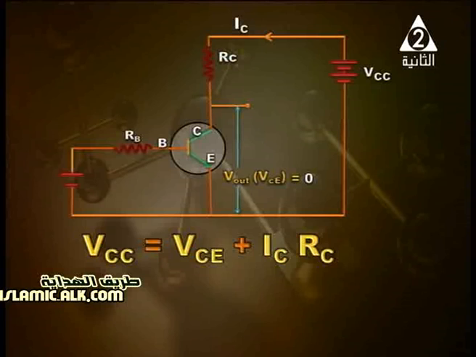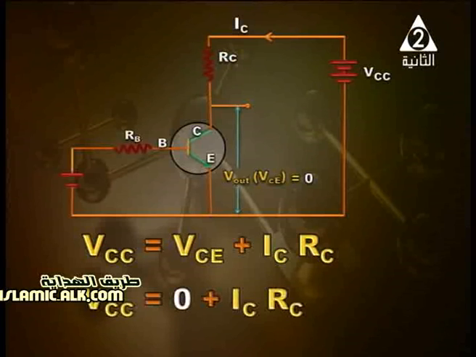Since the sum of VCE plus ICRC is equal to a constant, which is VCC, when ICRC increases, VCE decreases. So in this particular case, V out is equal to 0. VCC in this case is equal to ICRC.